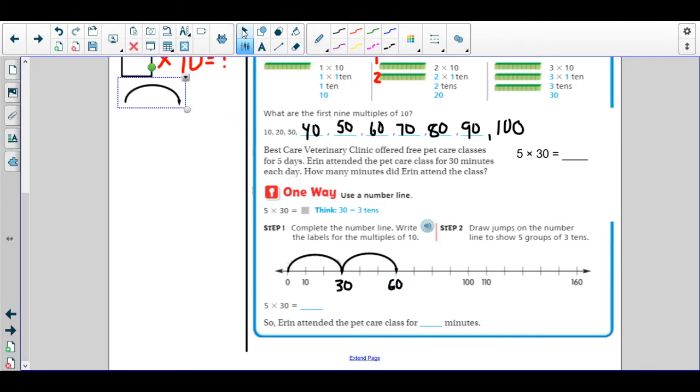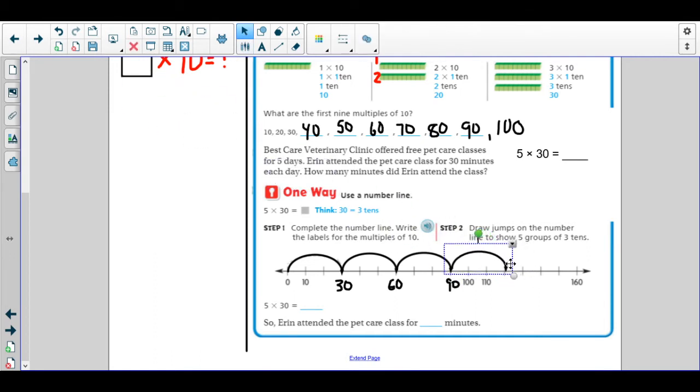And then the third day is going to put us at 90 minutes. And then the fourth day is going to be 120. And then finally, the fifth day would be 150.